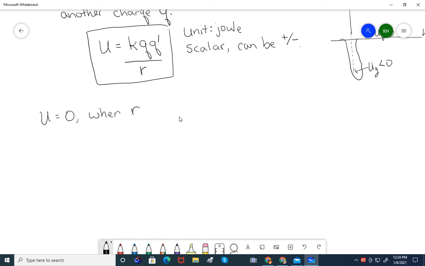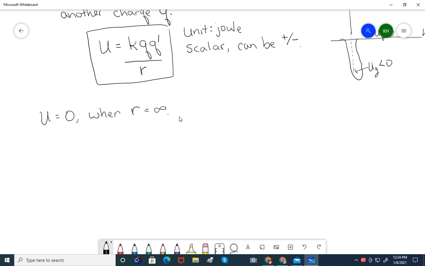K is still Coulomb's constant. We didn't develop the formula, but it was developed using Coulomb's law. So when R is equal to infinity, we are going to define potential energy to be 0 when the particles are infinitely far apart.